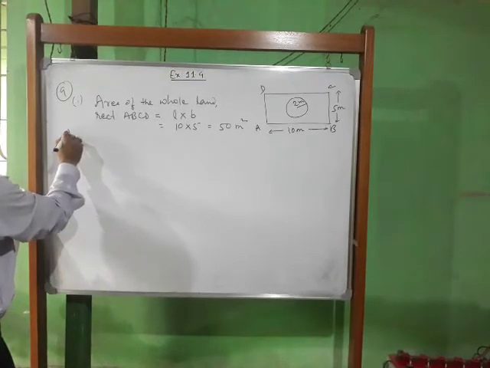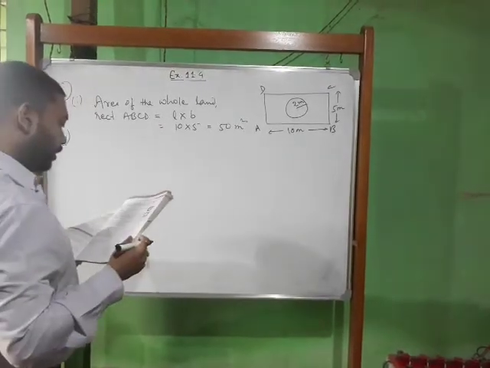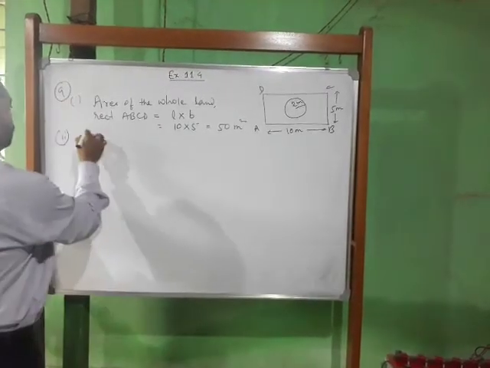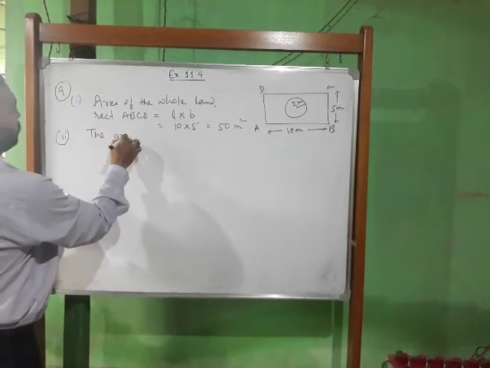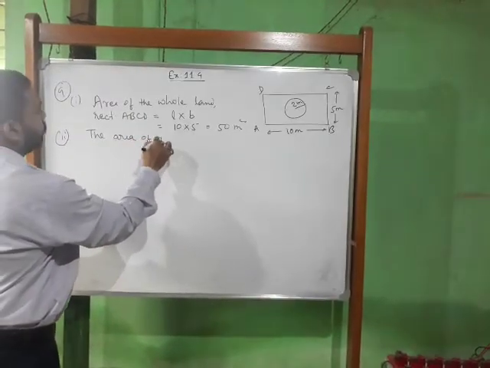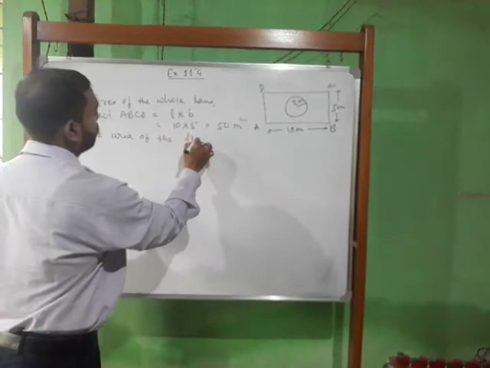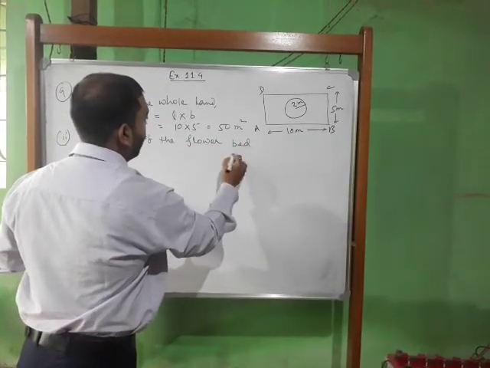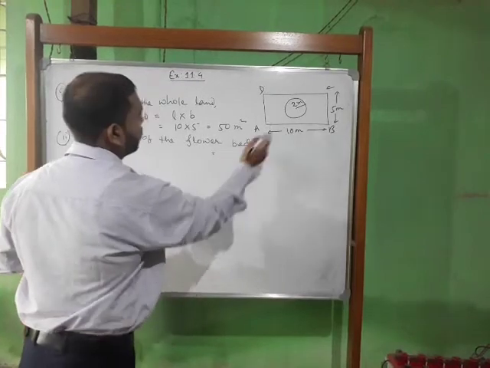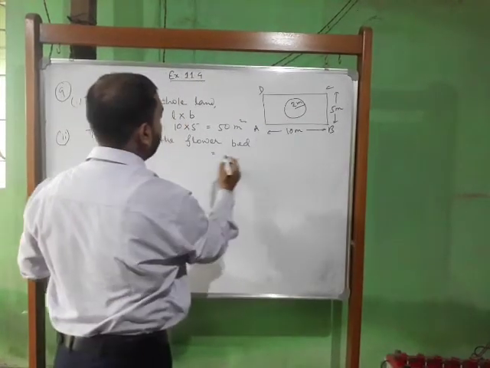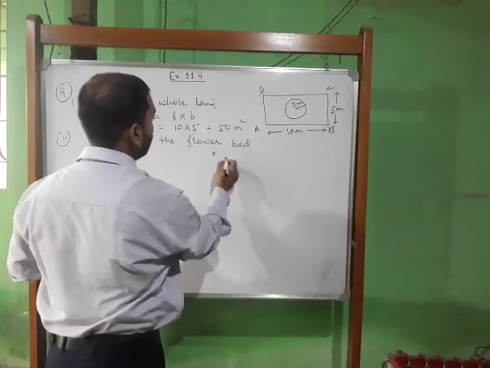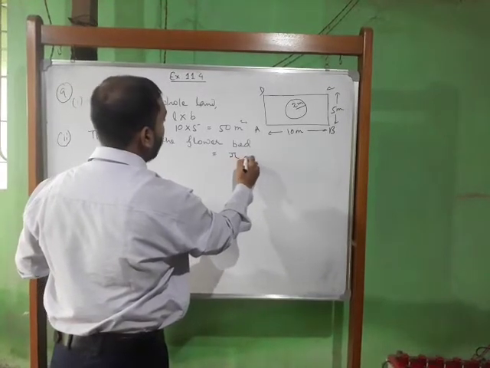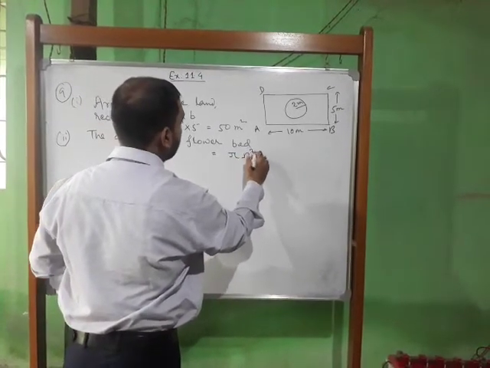Number 2, the area of the flower bed. It is a circle, so we have to write the area of circle formula, that is pi r square.